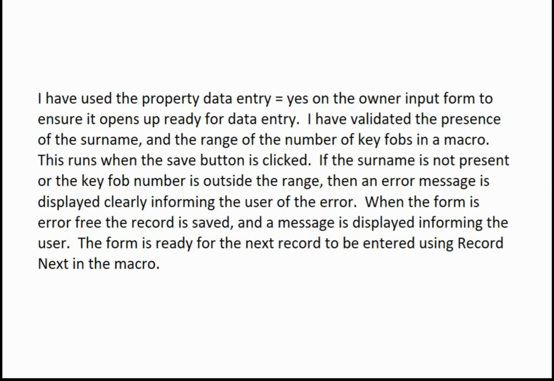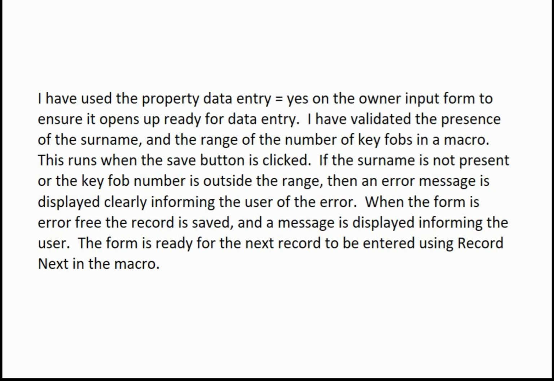So this one's about the owner input form. I have used the property data entry equals yes on the owner input form to ensure it opens up ready for data entry. I have validated the presence of the surname and the range of the number of key fobs in a macro. This runs when the Save button is clicked.